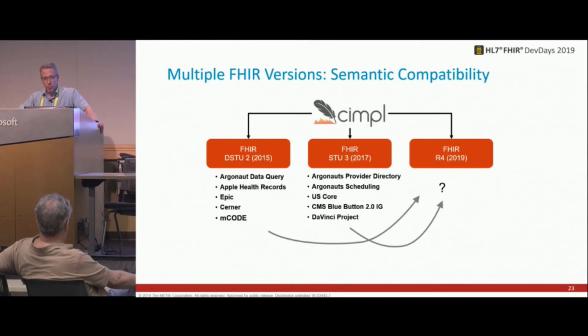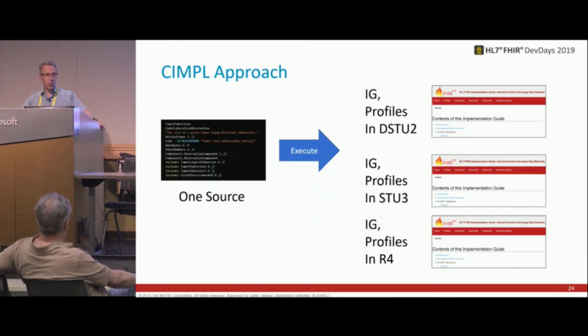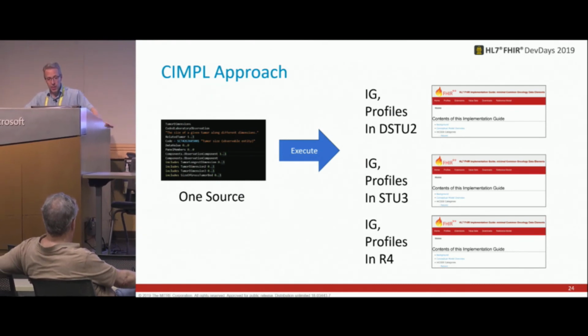So we do that by using CIMPL as this meta language, and then you can execute this one source code and produce the implementation guides and profiles and extensions in multiple versions of FHIR. So that's an advantage going forward. Our Objective FHIR is based on R4, so it's up to date, but we can back map to DSTU2 and STU3.